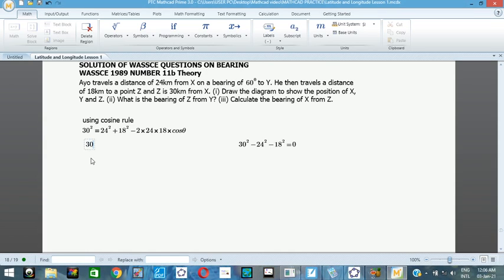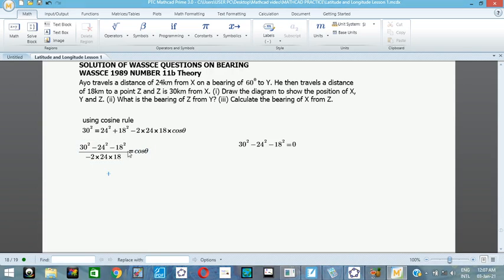Let me just type it out. That means 30 square minus 24 square minus 18 square, and if I divide everything here by minus 2 times 24 times 18, everything here is supposed to be equal to cos theta.